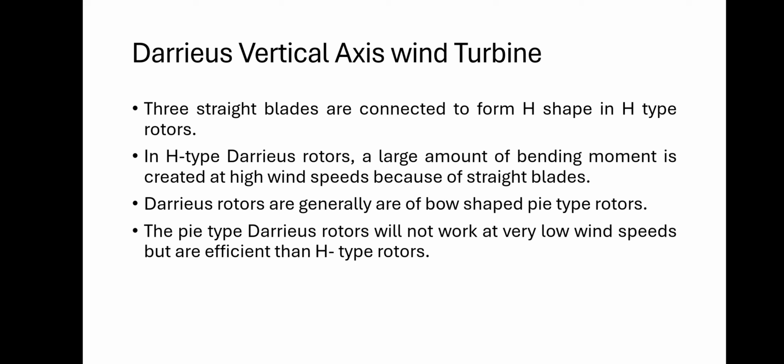Three straight blades are connected to form an H shape in H type rotors. In H type Darrieus rotors, a large amount of bending moment is created at high wind speeds because of the straight blades. Darrieus rotors are generally bow shaped. The pi type Darrieus rotors will not work at very low wind speeds but are more efficient than H type rotors.